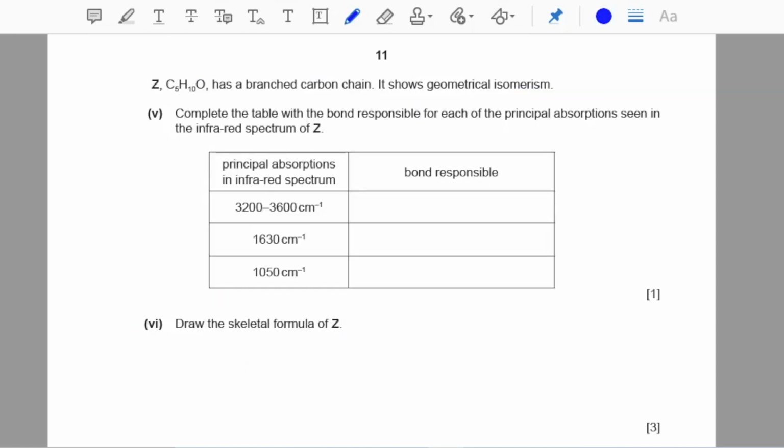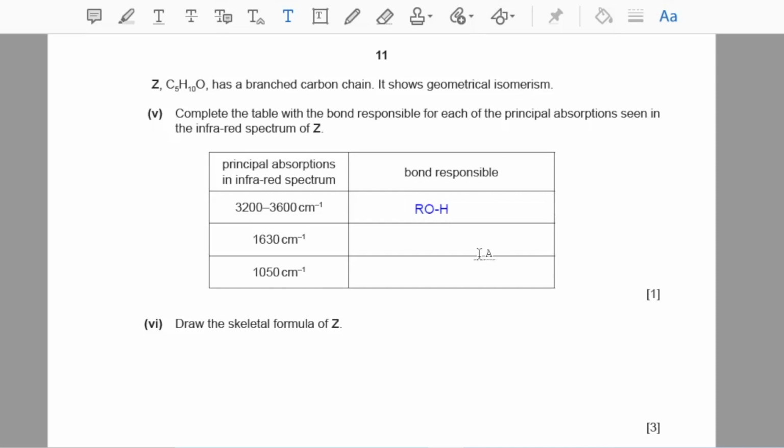Part 5. Z, C5H10O, has a branched carbon chain. It shows geometrical isomerism. Complete the table with the bond responsible for each of the principal absorptions seen in the infrared spectrum of Z. So when you open up your chemistry booklets, you will see that the bond responsible for 3200 to 3600 per centimeter of a peak on an infrared spectrum is the hydroxyl bond, which is O-H.